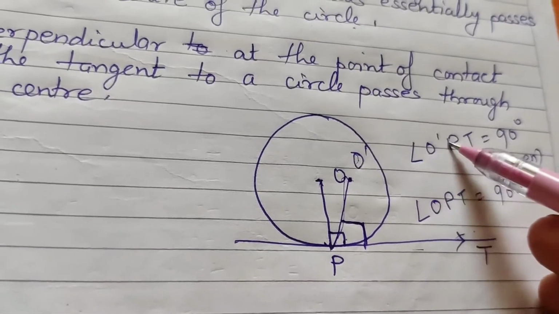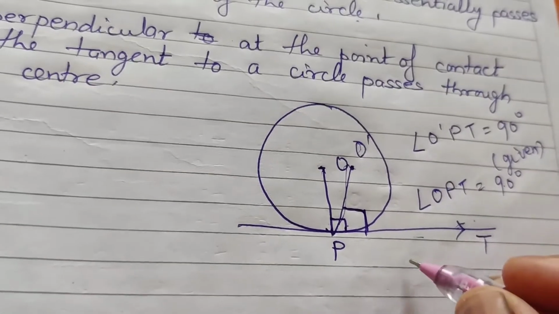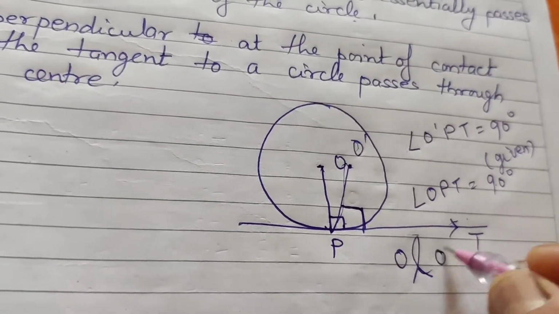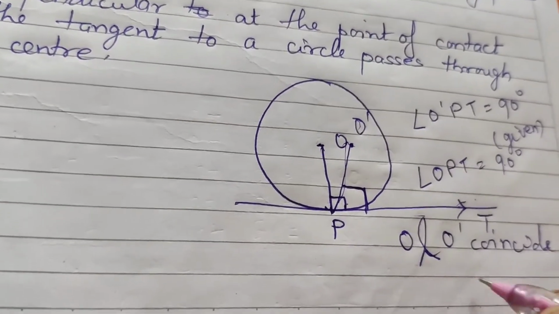Therefore, angles O dash PT and OPT are both 90 degrees. Therefore, points O and O dash coincide with each other.